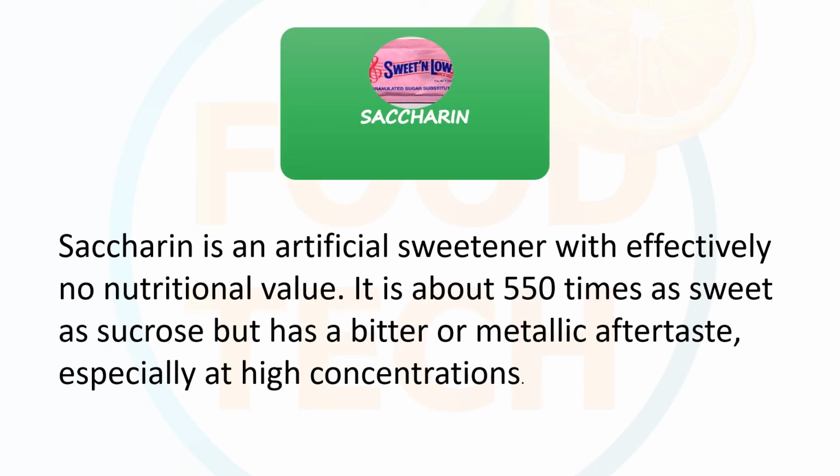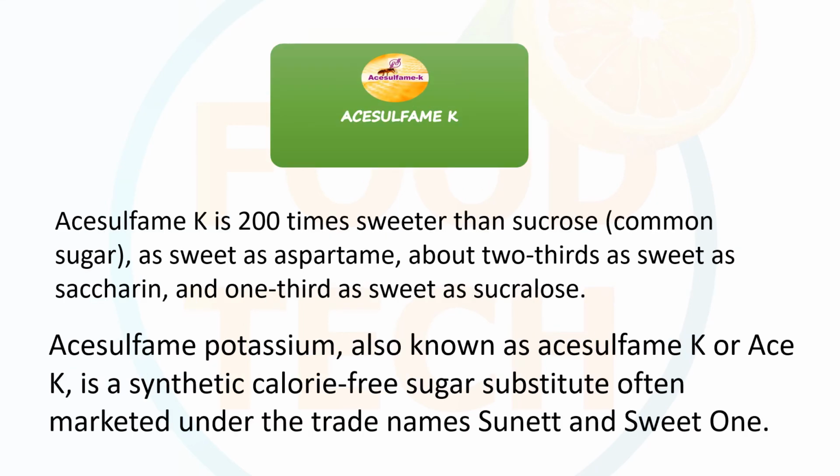Saccharin is 550 times sweeter than sucrose, but has a bitter effect when used in a high amount. Next is acesulfame K, which is 200 times sweeter than sucrose, and is a synthetic, low calorie sugar substitute.